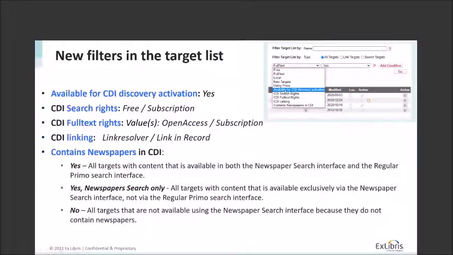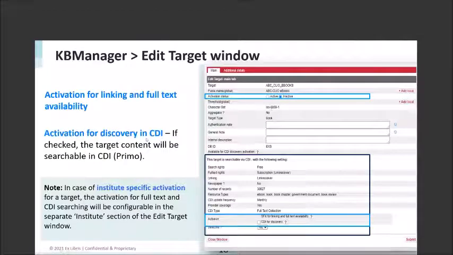Okay, so this was the target list. I also wanted to mention here, and that's important, in the KB Manager, if you go to the Edit or the View Target window, you will see for targets that are available for CDI discovery activation a new section. It will say this target is searchable via CDI with the following setting.